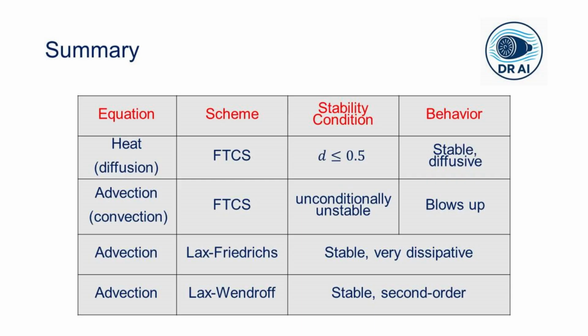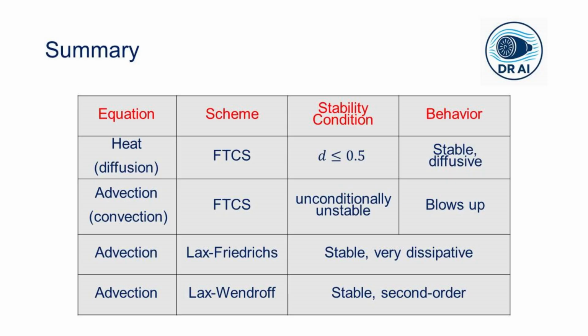Now, let us summarize what we have learned up till now. In the first part, we saw the FTCS scheme for the diffusion equation. We analyzed stability using the von Neumann analysis, giving us the amplification factor G equals 1 minus 4d sine square k delta x divided by 2, which requires d less than or equal to half for stability.